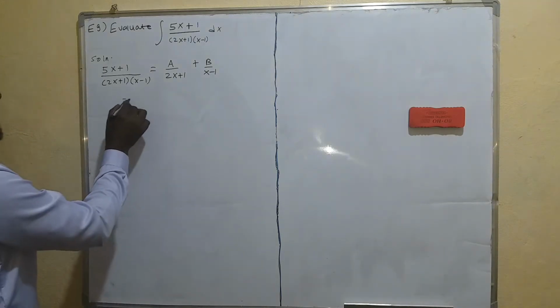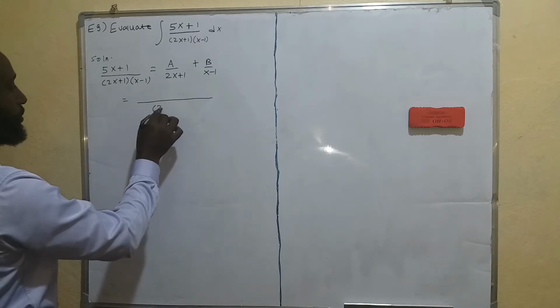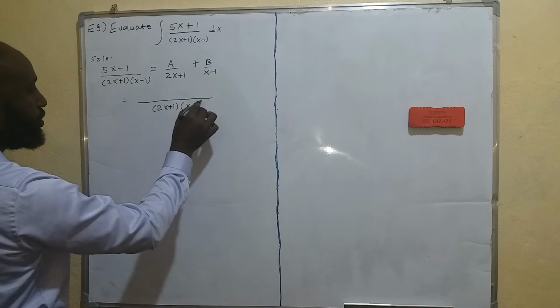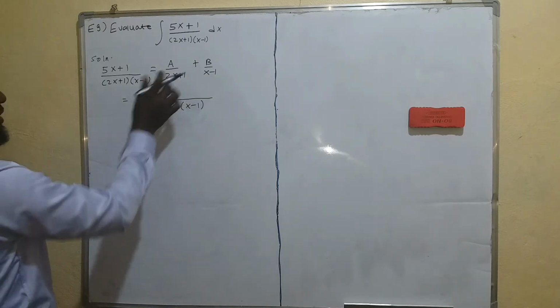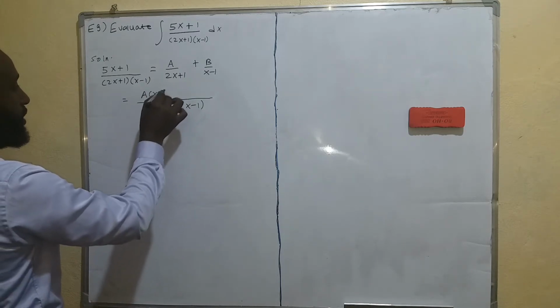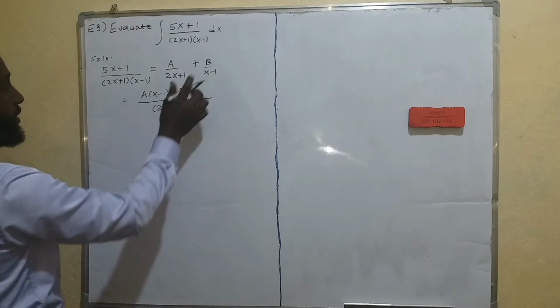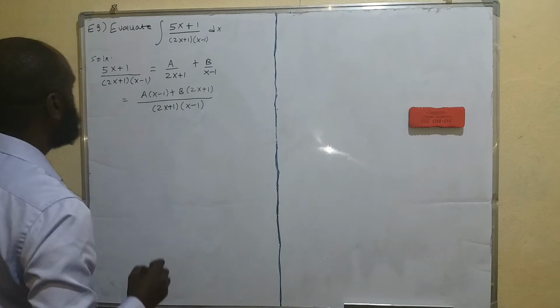The next thing is, let's take the LCM of the two, which is (2x + 1)(x − 1). So this thing divided by this is A times (x − 1), plus B times this thing divided by this, which is (2x + 1).